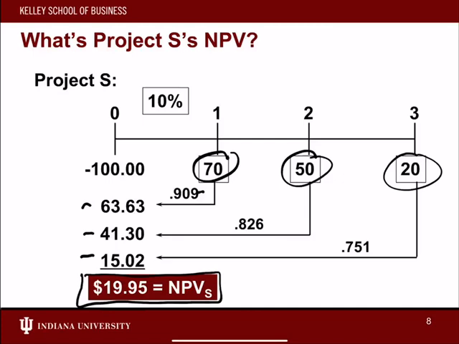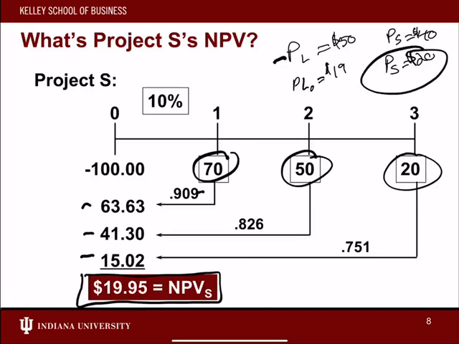So although Project L paid out in excess of the $100 we required up front, a total of $50, and Project S paid out $40, Project L in today's value, even with that greater payoff, was only $19, whereas Project S's was about $20.